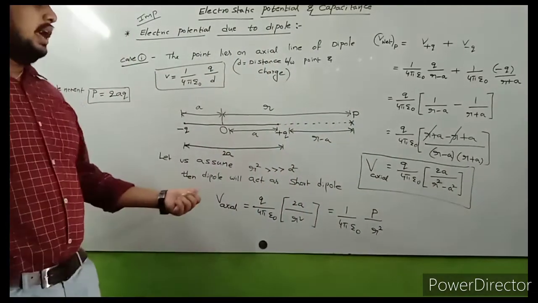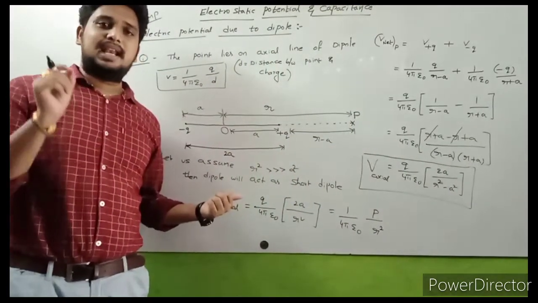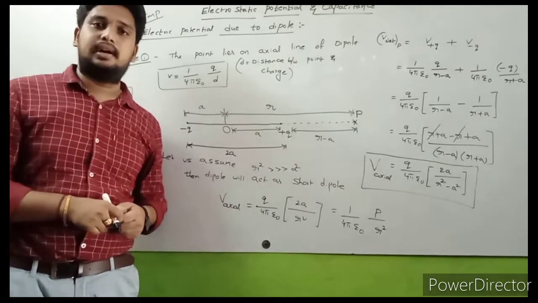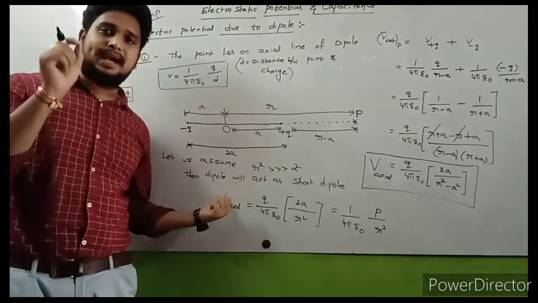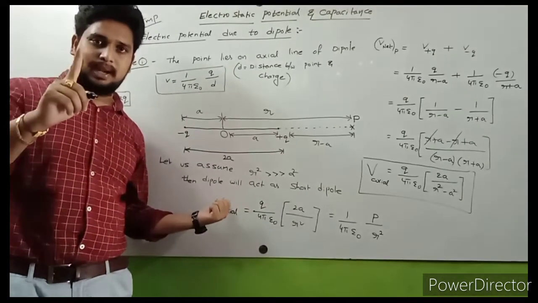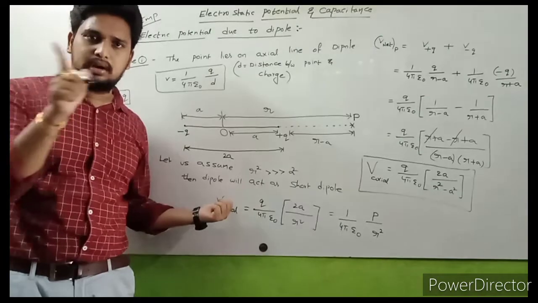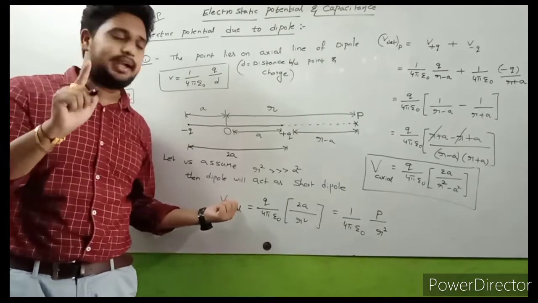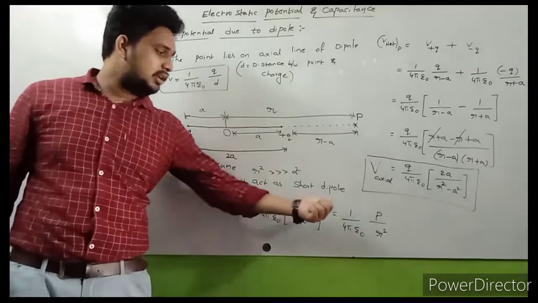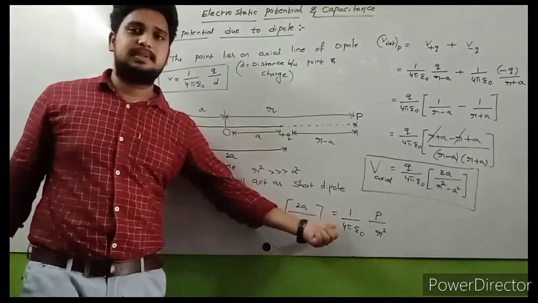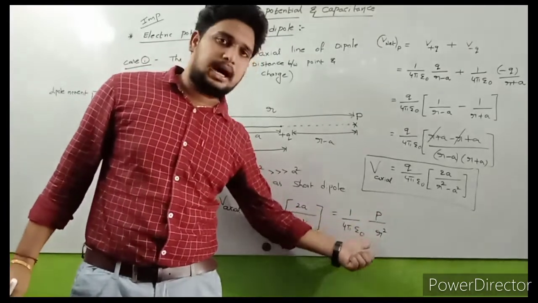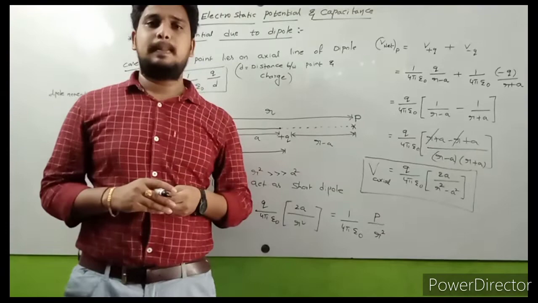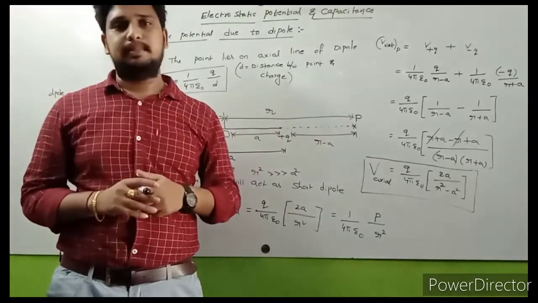Thus, if any point lies on the axial line of the dipole, keep it in mind, the electric potential at that point, formula V axial is equal to 1 by 4 pi epsilon naught into P by R square. So this is about the electric potential due to the axial line of the dipole.